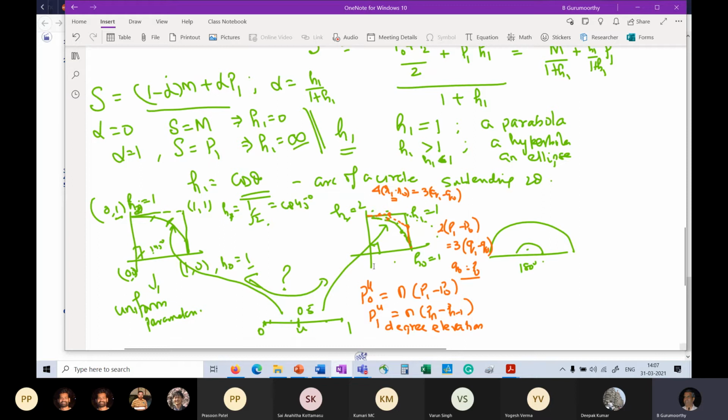The distinction is that in one case, the tracing of the points on the curve is uniform with the speed with which we move in the parametric space. So if we reach 0.5 in the parametric space, we would reach the midpoint of the curve and so forth. Whereas with the 1, 1, 2 weights that we had calculated, you will get an arc of a circle, but there will be a mismatch in the speed with which you traverse in the parametric space and the speed with which you traverse in the real space. Okay, so that's the only difference.